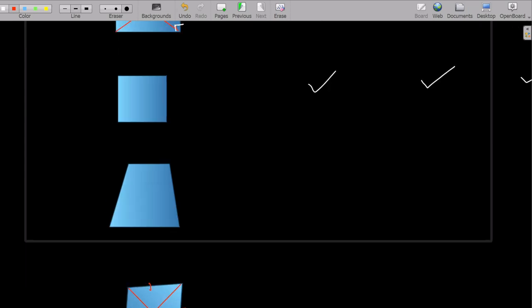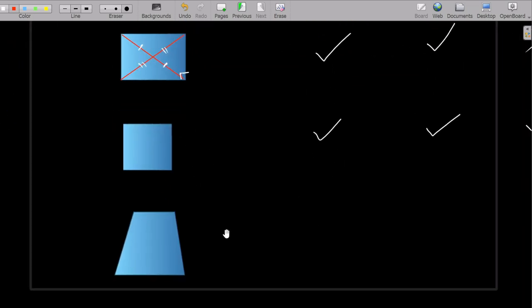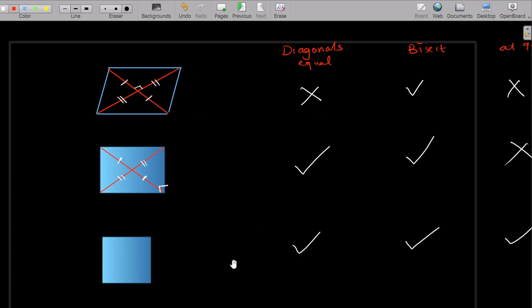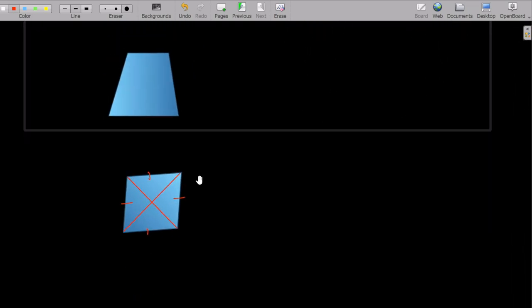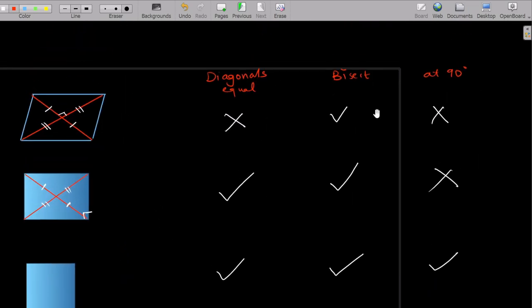So see Tanvir, if for a parallelogram the diagonals are equal, then it will... well actually, parallelogram diagonals are not equal, so we cannot say this for all of them. What I wanted to say was that if they bisect for a parallelogram, then they will bisect for every type of parallelogram.